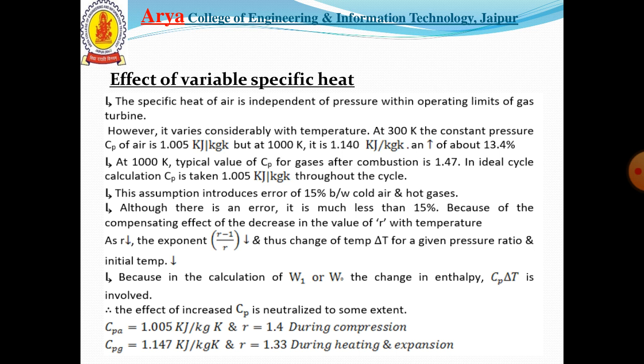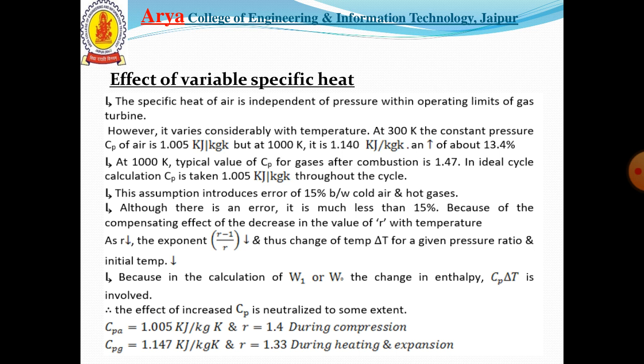As R decreases, the exponent R minus 1 upon R decreases, and thus the change of temperature delta T for a given pressure ratio and initial temperature also decreases. Because in the calculation of W1 and W2, the change in enthalpy Cp delta T is involved in terms of work done by the compressor and work done by the turbine.